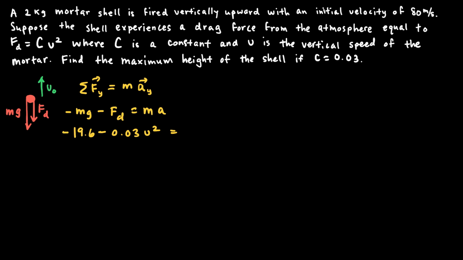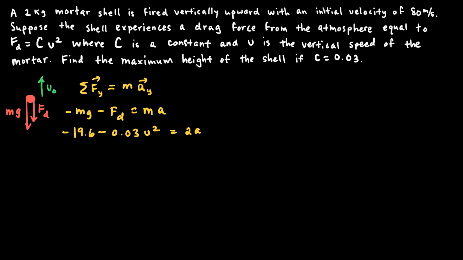And on the right-hand side of the equation, I do not know a. In fact, what we're trying to do is build an acceleration equation that depends on the velocity. And so I'll just plug in the fact that I know what the mass is, and that's 2. So 2a. At this point, I'd like to divide both sides of the equation by 2.